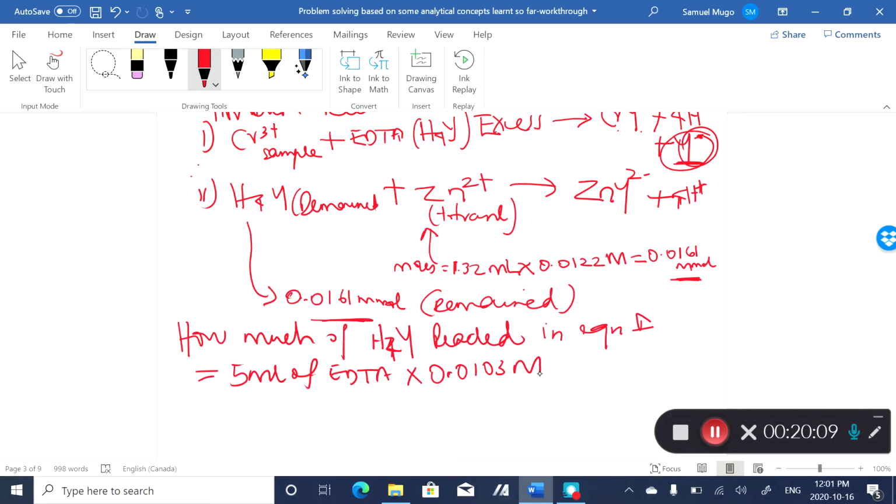That's the amount I initially added to my chromium sample. Then you get whatever number of millimoles, and then subtract how much remained, which is 0.0161 millimoles. And so how much actually reacted is equal to 0.0354 millimoles.